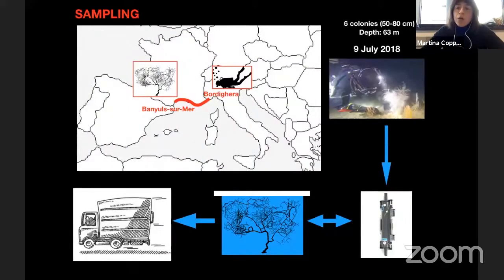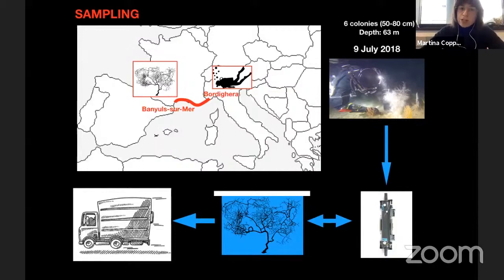The sampling was performed in July 2018. Six colonies of Antipatella subpinnata were collected by technical divers at 63 meters depth. While the divers were sampling, I was collecting water from the same depth in order to fill the 6 different tanks in which the colonies were placed for transport.